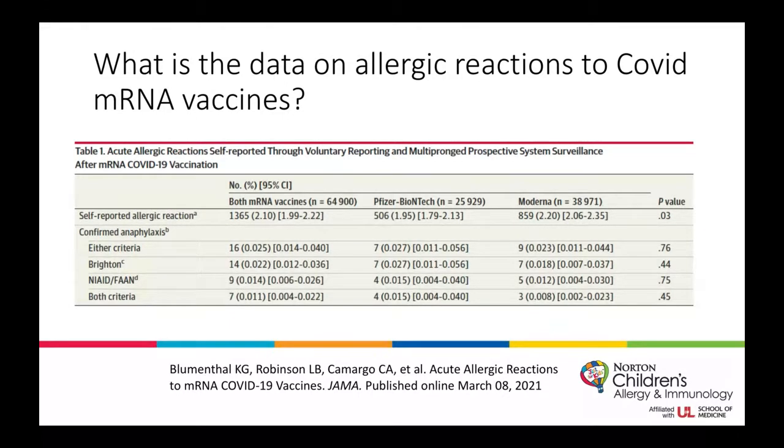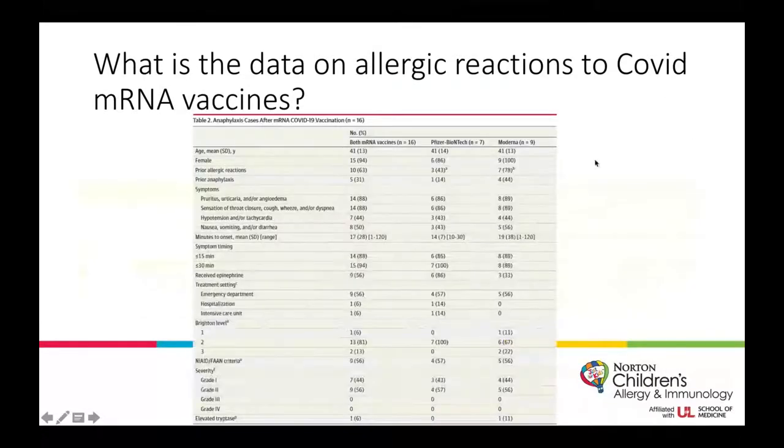But when they actually went ahead and looked at who met clinical criteria of anaphylaxis, only 16 out of those 1,300 actually met criteria. And this is a different NIAID criteria of anaphylaxis. Only 16 patients out of 1,300 actually met criteria. Self-reported allergic reactions were slightly more in Moderna than they were in Pfizer.